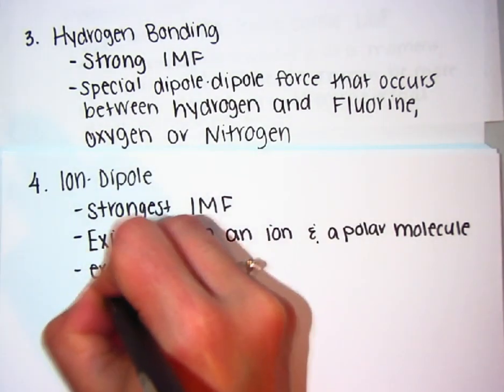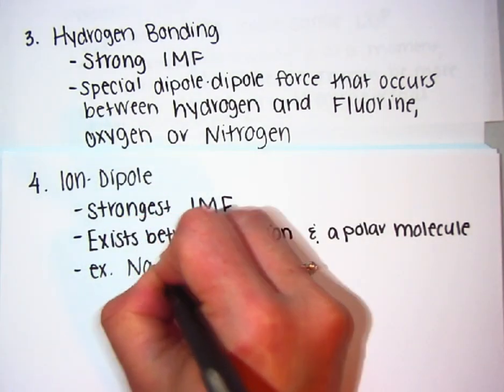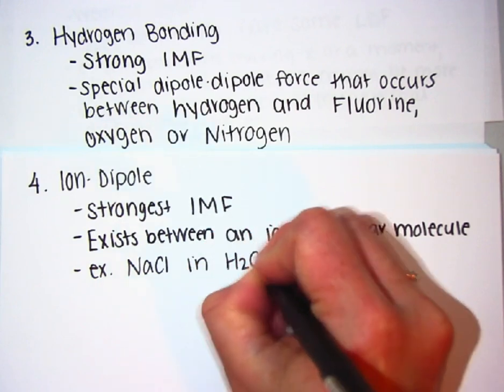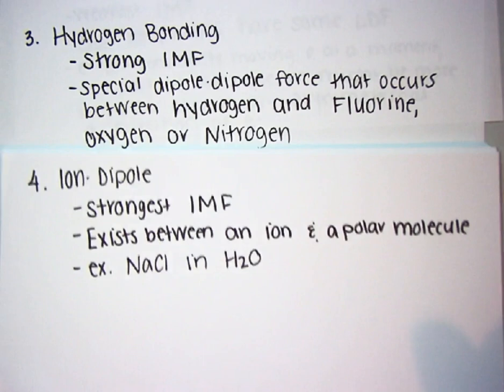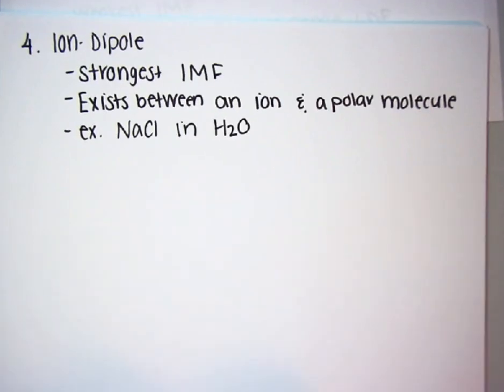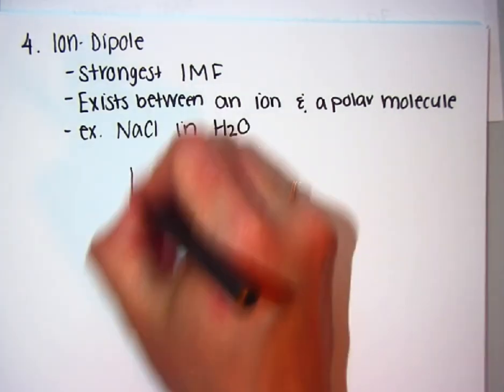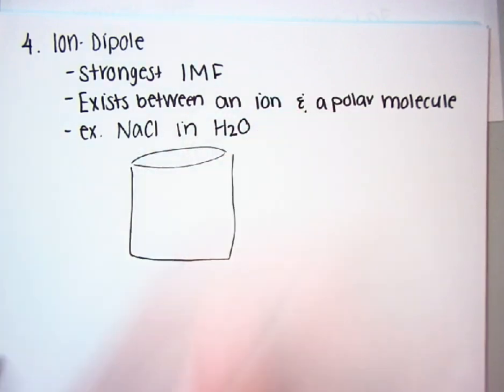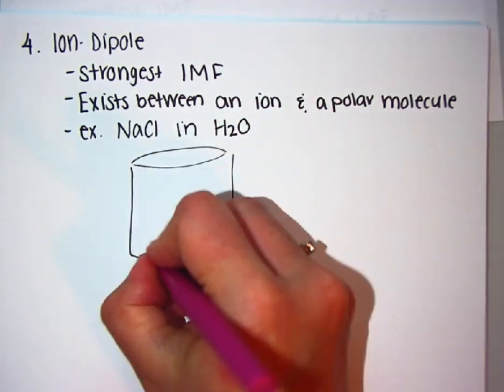An example would be like sodium chloride dissolving in water. Let's say I had a beaker and we had some sodium chloride.